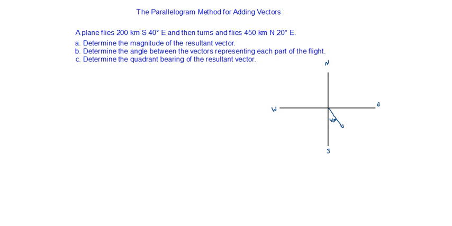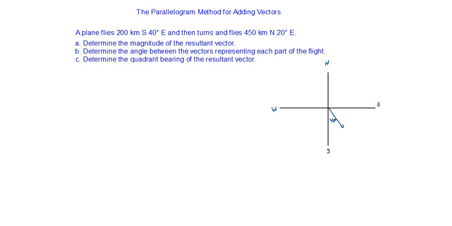And then the plane turns and flies 450 kilometers north, 20 degrees east. I could do that from here, just like we've looked at before. I could try to figure out where north is, and 20 degrees east is over here, so that I can line up my vectors tip to tail. Instead of doing that, though, I can go right back to the center of our compass bearings and just do 450 kilometers north, 20 degrees east from here.